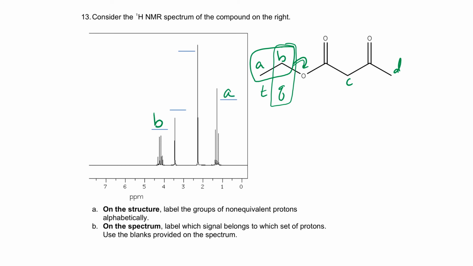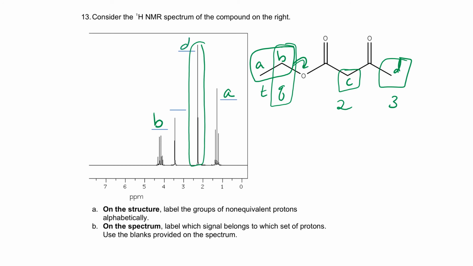That's A. Then we have 2 singlets, but one is representing 2 protons and one is representing 3 protons. So even though the integration values are not given, you can tell that the larger peak is the one representing the higher number of protons. So I'm going to say that that's D, and this is C. And I also feel comfortable saying that not just because of eyeballing the peak height, but because C is wedged in between 2 electron withdrawing groups, so it makes sense that it's more deshielded than D.